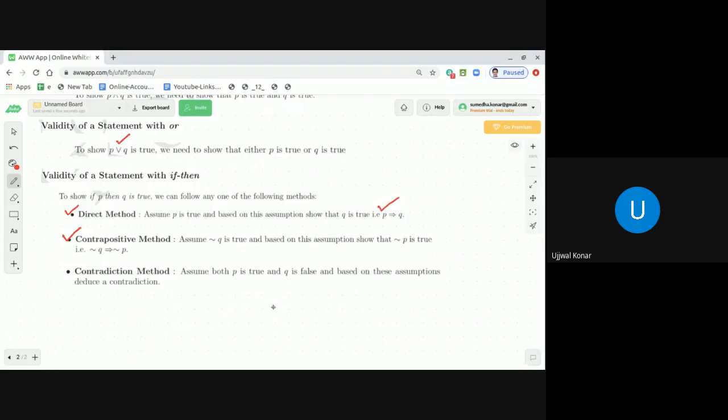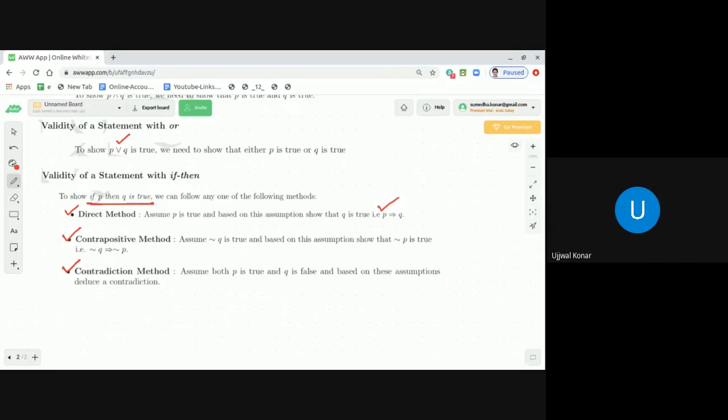So in context to our discussion, to show that if P then Q is true, the contradiction method says assume that P is true and Q is false. So here, in the method of contradiction, we are assuming that P is true but Q is false.